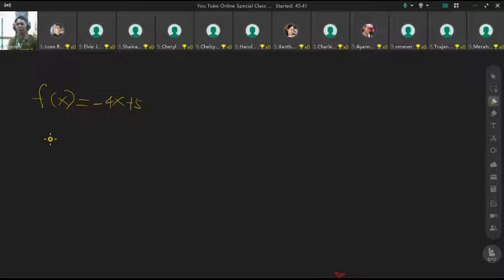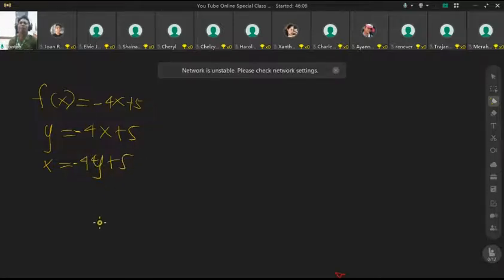To change f of x to y, this becomes y equals negative 4x plus 5. Then we will interchange x and y. So this becomes x equals negative 4y plus 5. Got it? We interchange x and y, like what we do in the table, where we interchange the values of x and y. In an equation, we also interchange the y and the x.